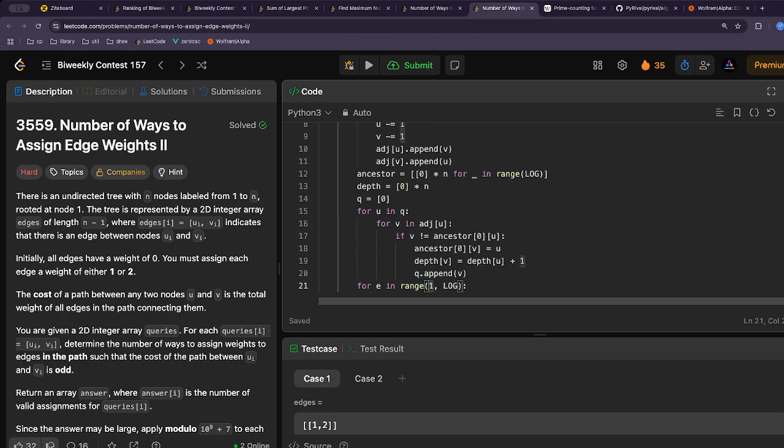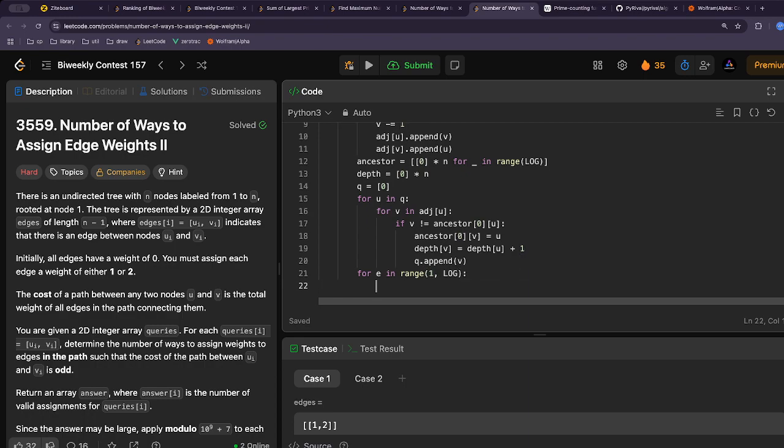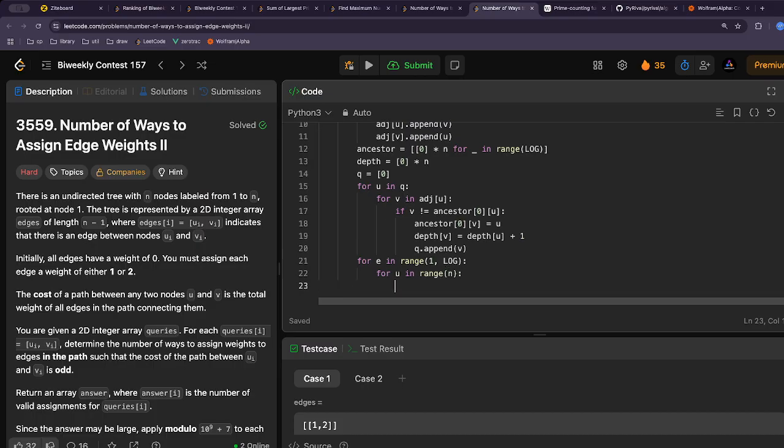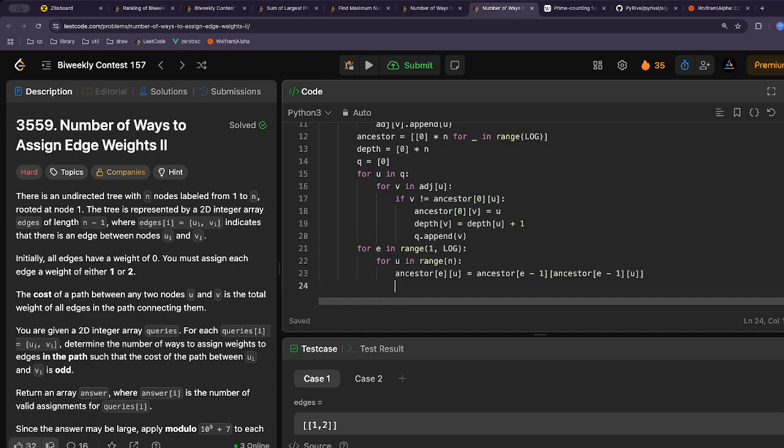So now we start from 1 till the end, and then we go over all the nodes. And now we write down what we wrote on the whiteboard, right? We want the ancestor exponent E of U equals the ancestor exponent E minus 1 of the ancestor exponent E minus 1 of U, right? So now we have our binary lifting table ready.